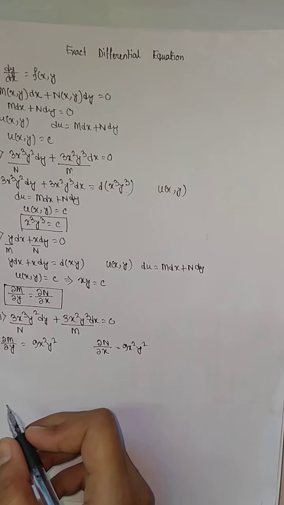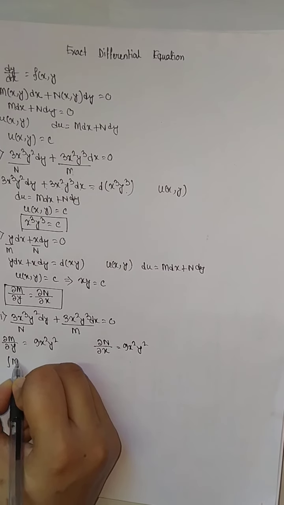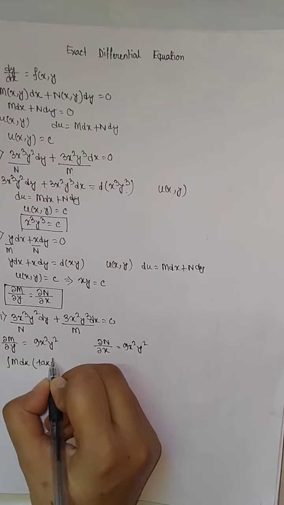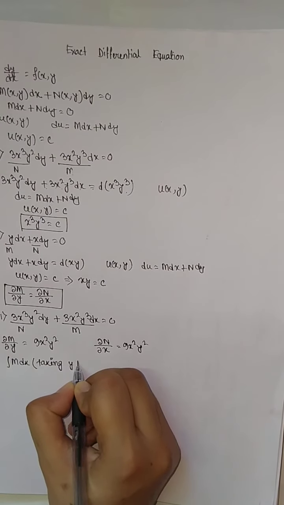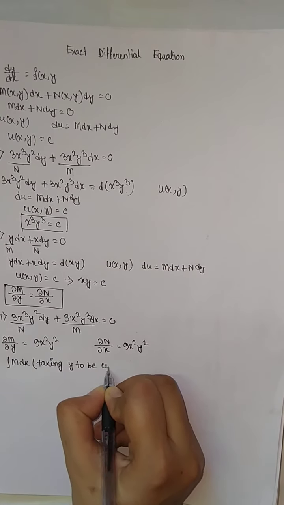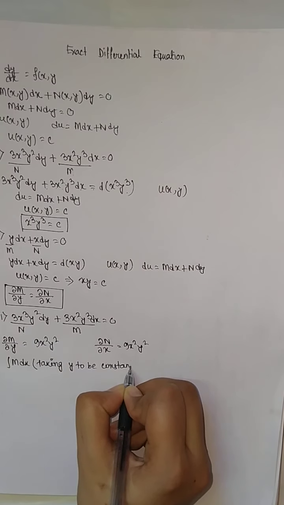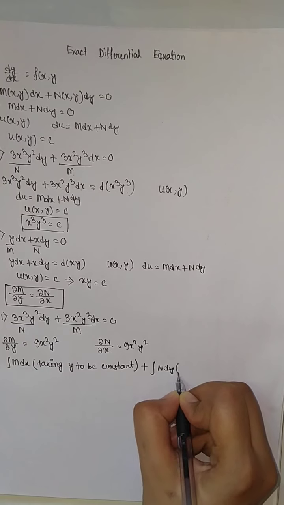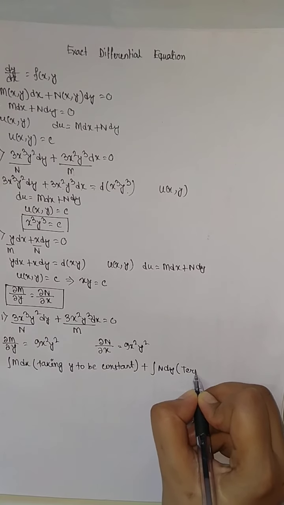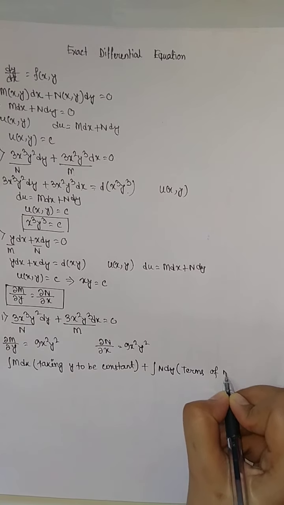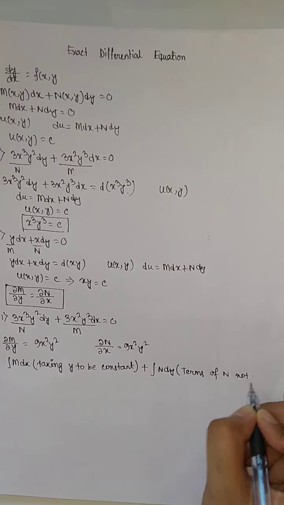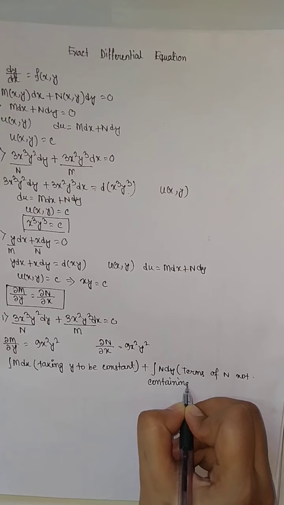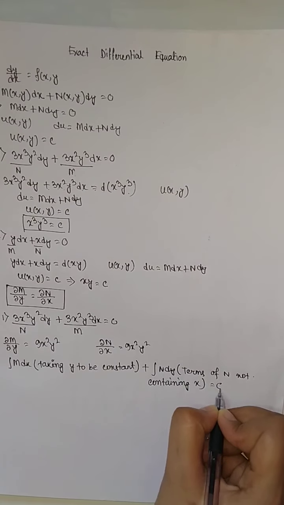The formula is integration of M dx, taking y to be constant, plus integration of N dy, terms of N not containing x, equals c.